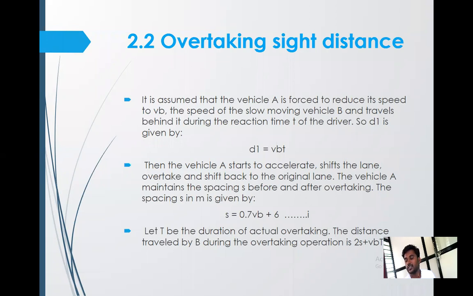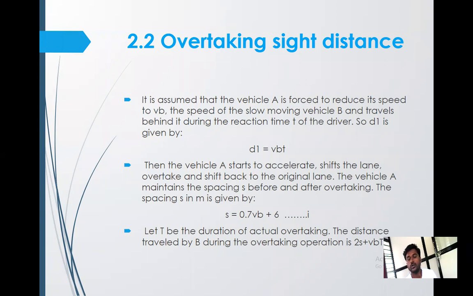D1 is the distance traveled by the vehicle A during the reaction time. In this reaction time, he decided to go for overtaking the vehicle B. So this D1 is calculated as VB into T. T is the reaction time, and VB is the velocity of vehicle B, that is the slow moving vehicle.